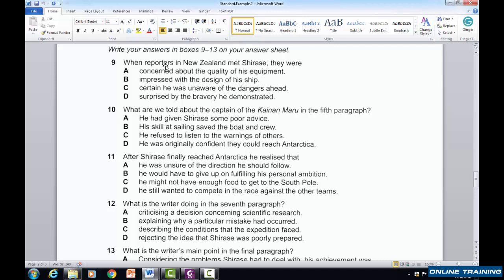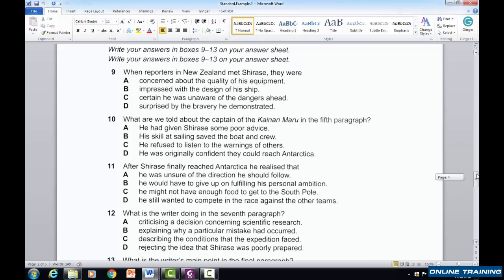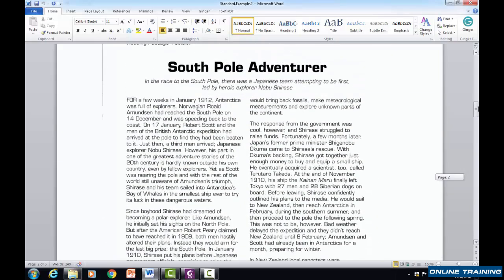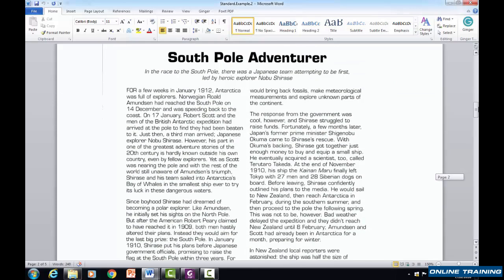I think that's going to be easy to find. Reporters and this guy Shirase. They say when reporters in New Zealand met Shirase, they were. All right, so let's look for it. And I'm scanning left to right. I'm scanning both sides. Actually, I'm scanning the left side first.